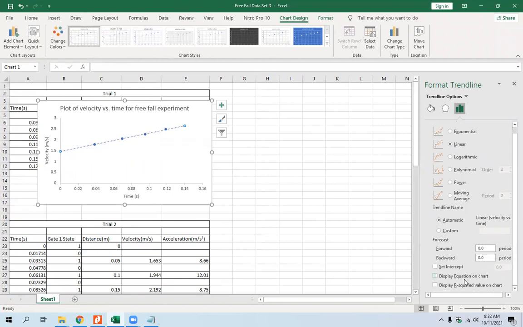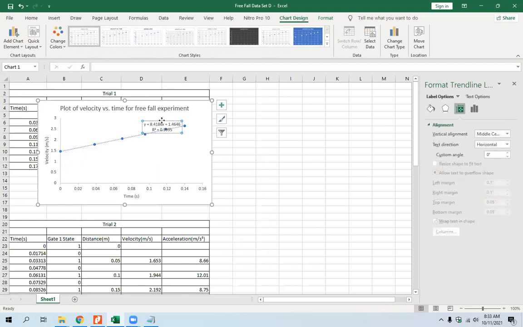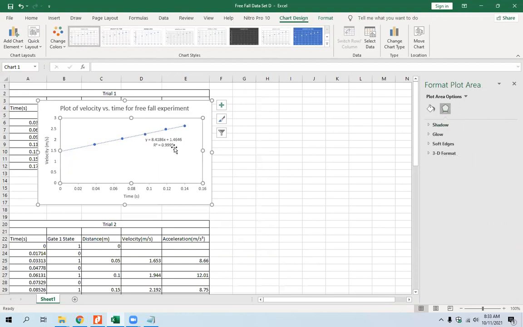So, what we want to do here is have a visual representation. And now, for a written representation, pwede ka mag-display equation. And your R squared is simply calculated automatically. So, kung papansin niyo, yung R squared ko is 0.9995. So, it's a good fit.